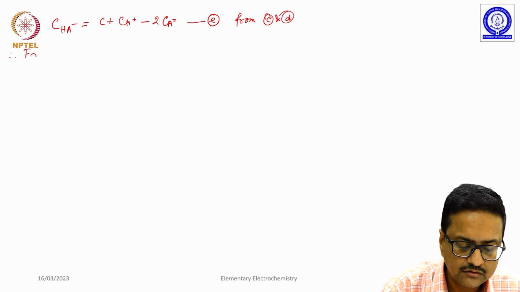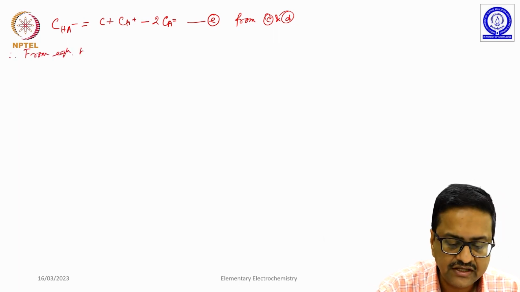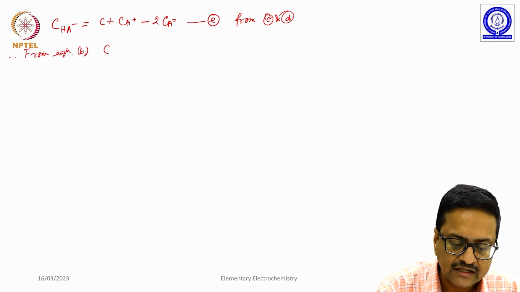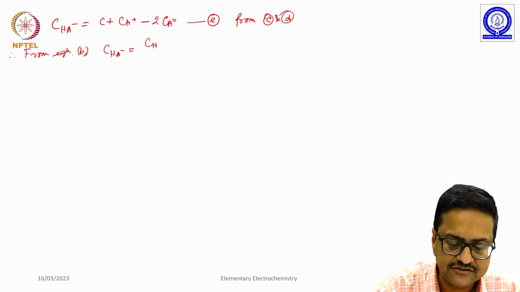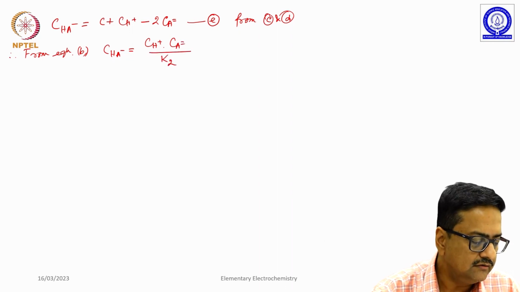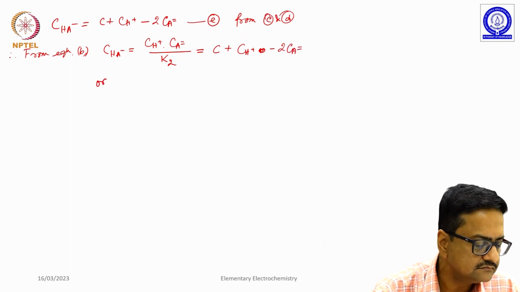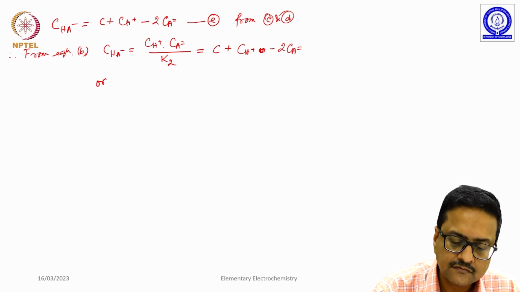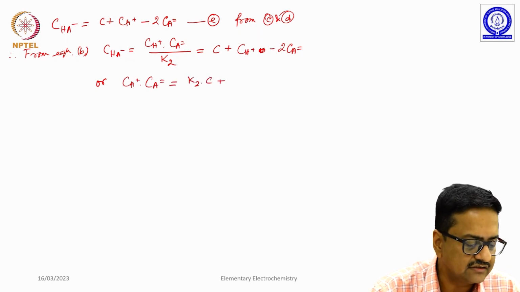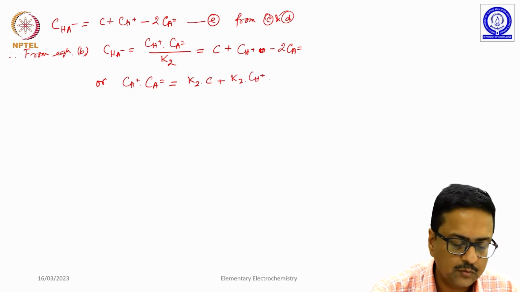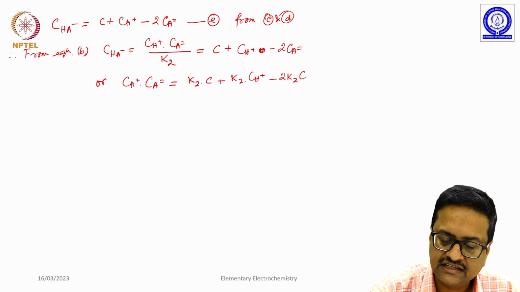So now from the equation B, we can write CHA minus is equal to CH plus into CA double minus divided by K2, which is then equal to C plus CH plus minus 2 CA double minus, or CH plus into CA double minus is equal to K2 into C plus K2 into CH plus minus 2 K2 into CA double minus.